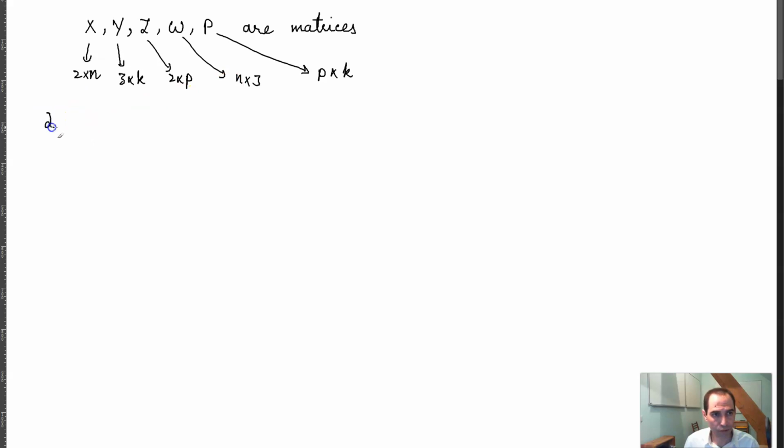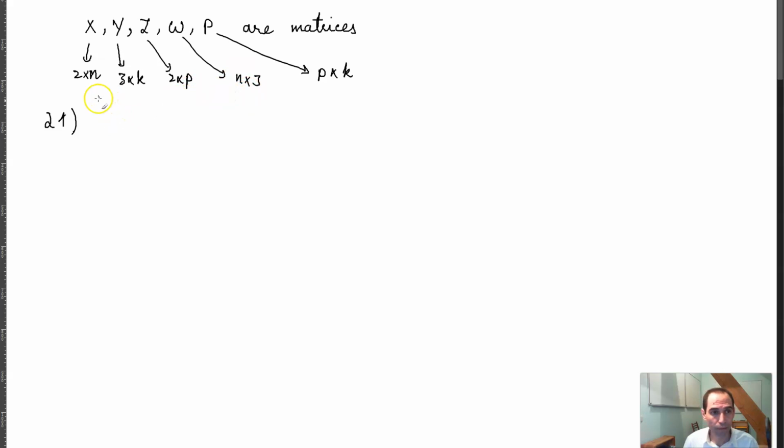Now exercise 21, we have the restriction on n, k, and p so that PY plus WY will be defined.